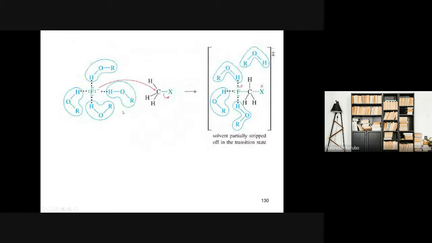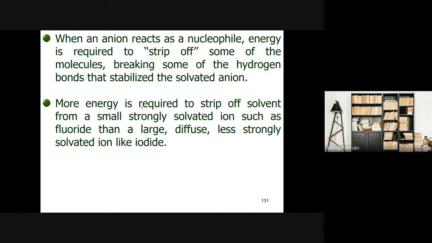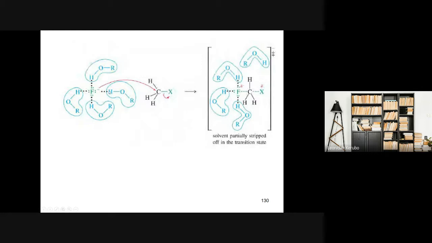So protic solvents make fluoride, or any nucleophile, a poor nucleophile, especially the smaller ones, which are most of the time solvated more as compared to the larger ones. So when an anion reacts as a nucleophile, energy is required to strip off some of the solvent molecules, breaking some of the hydrogen bonds that stabilize the solvated anion. Of course, by forming hydrogen bonds, because the hydrogen has some partial positive charge, the solvent tries to stabilize the negative charge. Stabilize meaning trying to reduce that negative charge.